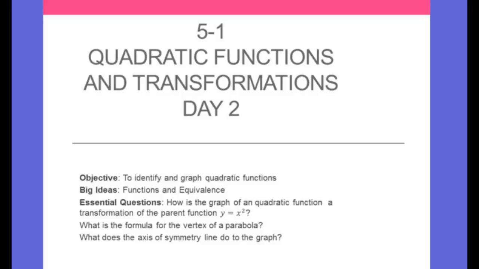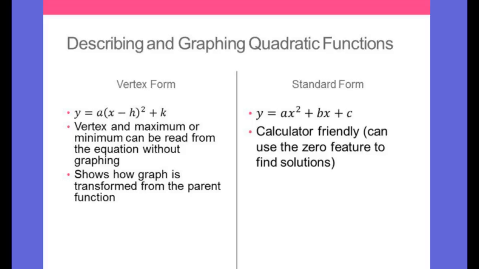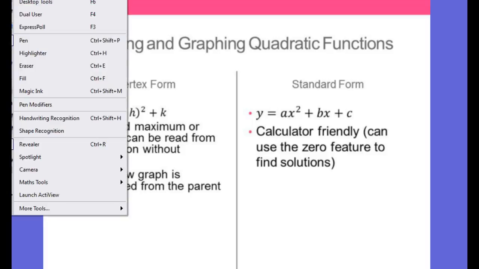So, today is a lot of information. Today is describing how to interpret the equations. Now what's super nice is the equation that we're going to interpret mostly today is going to be vertex form.